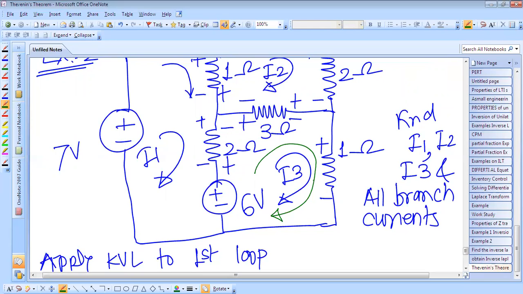Again there is a fall in potential in this 1 ohm resistor because of this I3, and again there is a plus 6 volt voltage source in this loop. Again there is a fall in potential because of this I3 in 2 ohm resistors, but there is a rise in potential because of this current I1 in this resistance. Accordingly, we have to write the equations.